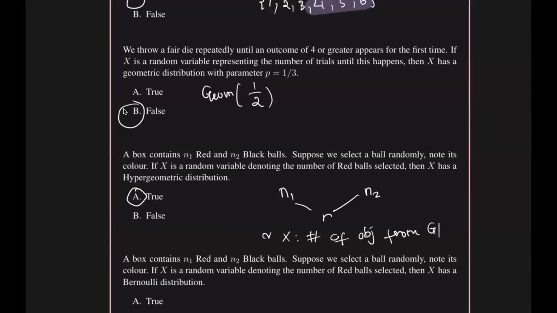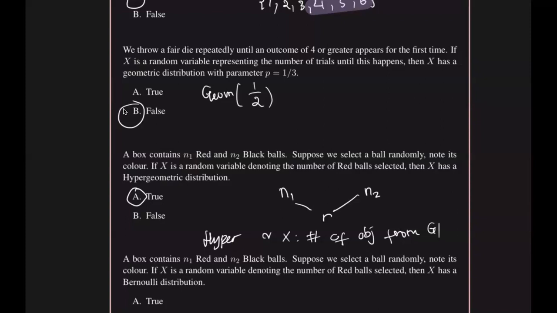Then we say that X follows a hypergeometric distribution. And here we have two groups, red and black. And we sample one ball from there. And then we note the number of balls from the first group. So that random variable follows a hypergeometric distribution.